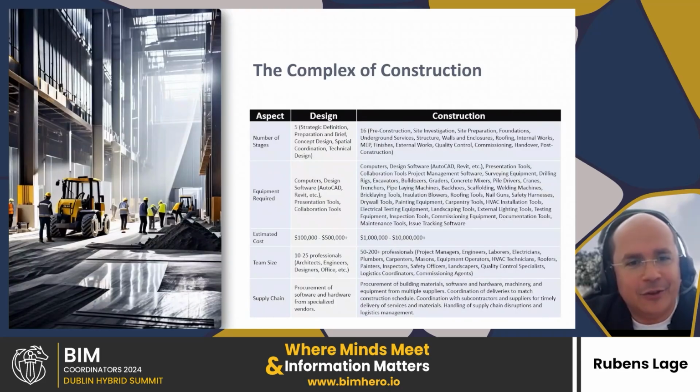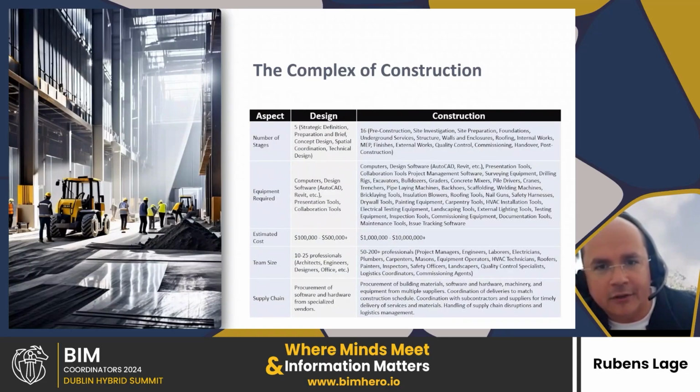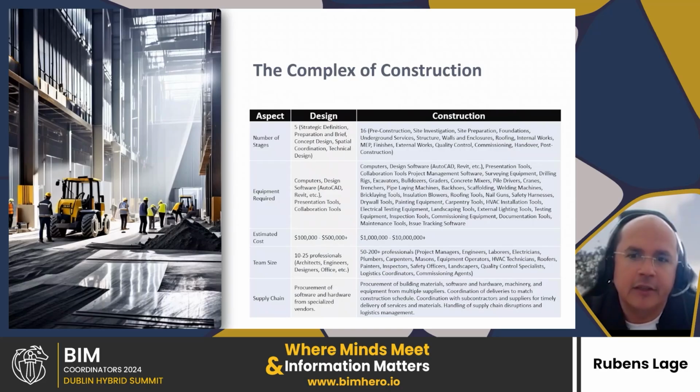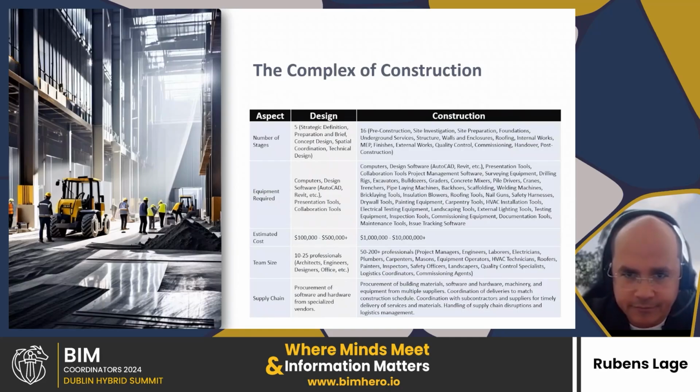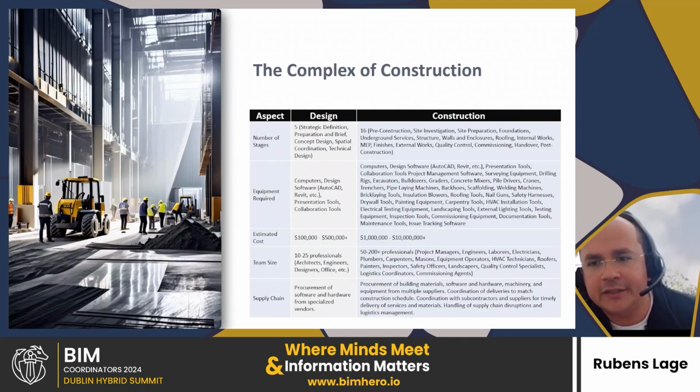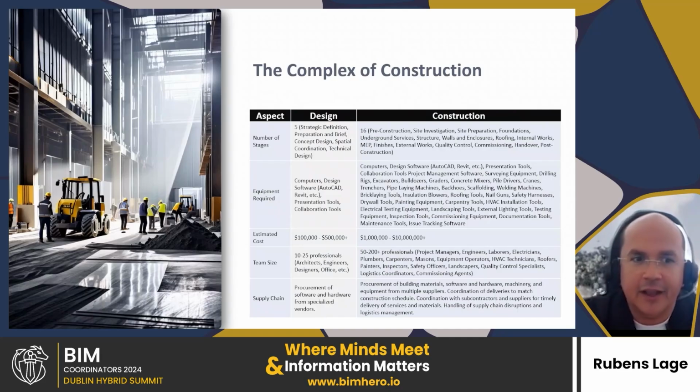To give some numbers on how complex this activity is, let's say if we use railway stages, design is roughly 5 stages, and construction, of course, depends on the size, could go to 16 stages. And then we have more equipment, more materials, much bigger budgets, and team size, team management, the supply chain. So construction is a much more complex activity than design.